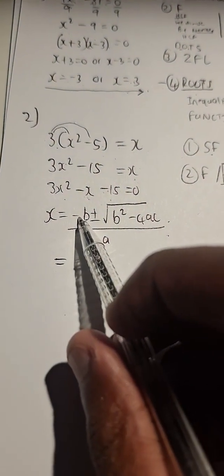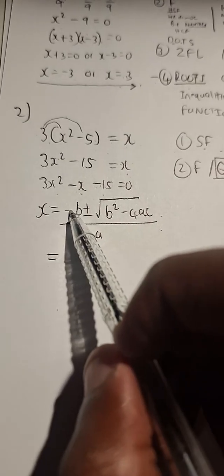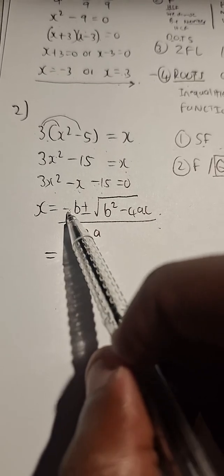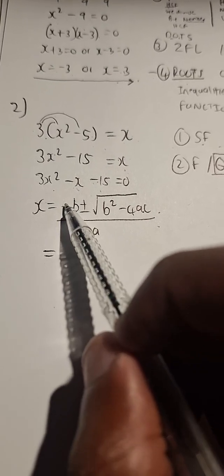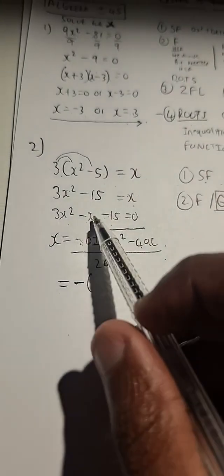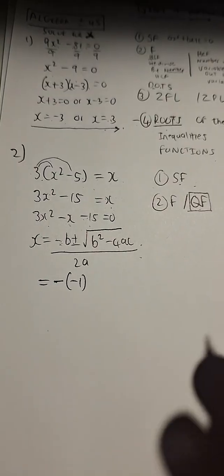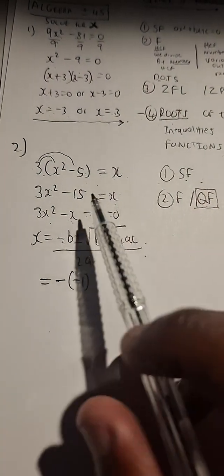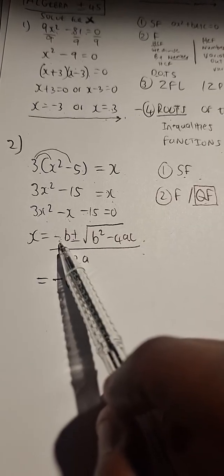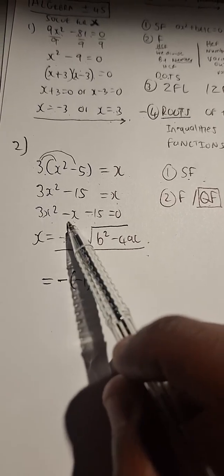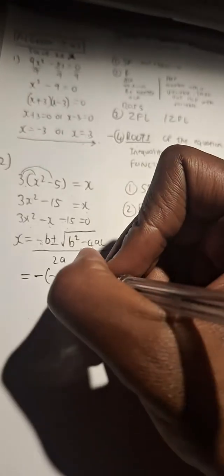So in the formula, guys, please take note, there's already a negative sign in the formula, okay? So if there is a negative sign already, write the negative sign and then do your substitution of b. b is -1. Please, guys, I beg you, there's already a negative sign in the formula. When you substitute b, you know it's -1, so you substitute -1.